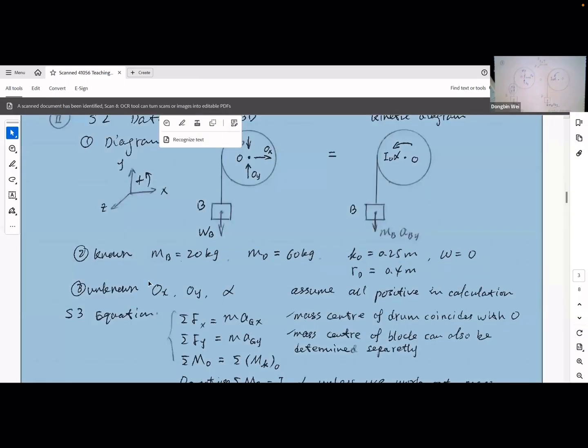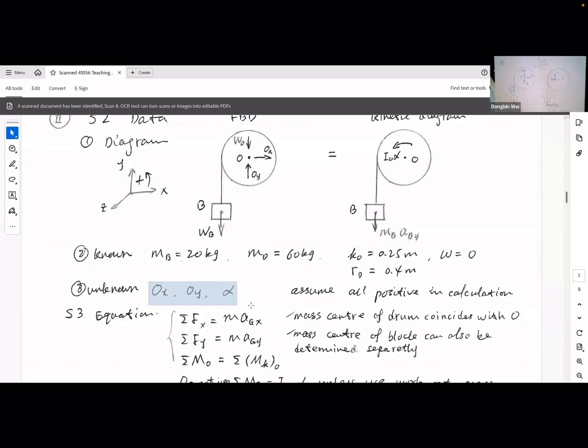We have O, X, O, Y, alpha. And this time, we don't have T and T prime because they are external forces. We don't need to consider. And we assume OX, OY, alpha are positive.